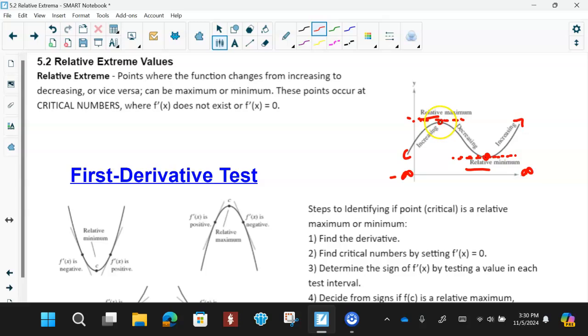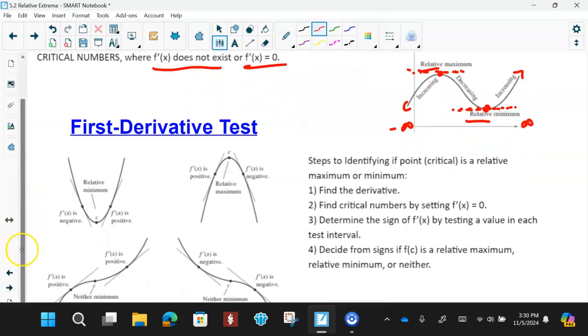So this is also our critical point. These minimum and maximum values are occurring where we have a critical number, where the derivative does not exist, or the derivative in this case is equal to 0.